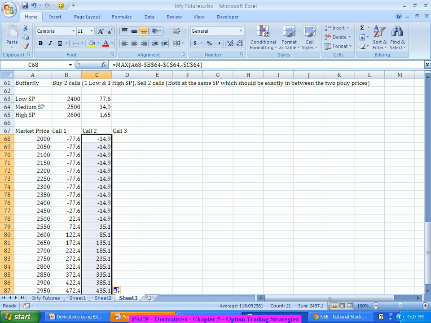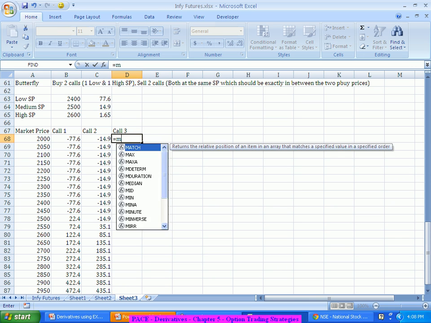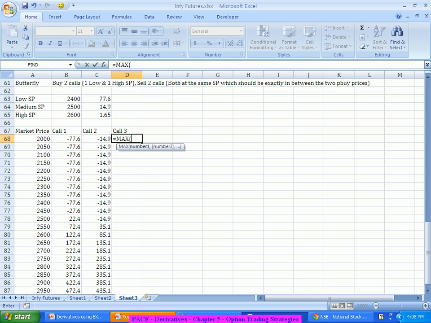Put appropriate dollars. Similarly, you can do a call 3 where you are also saying again the maximum of the market price minus the strike price minus premium, comma, minus premium. All three the same. So these should be your numbers.